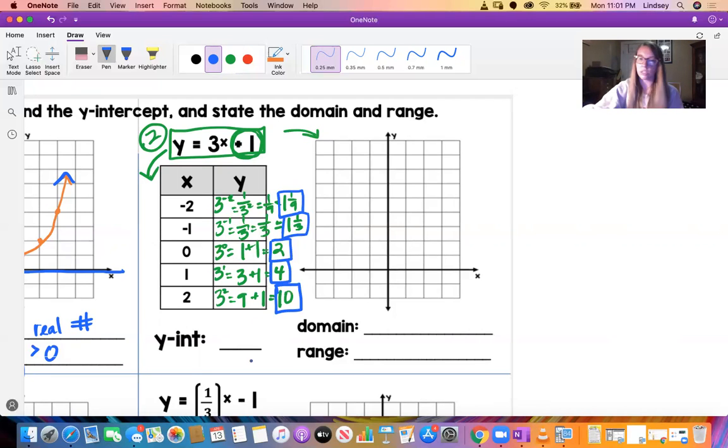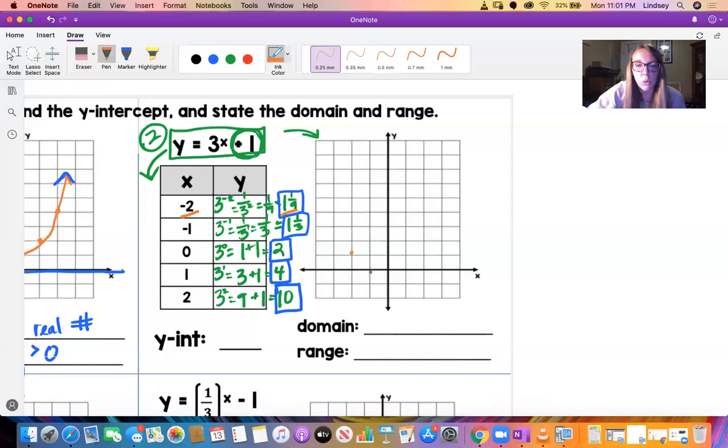All right, so let's graph this. I'm going to use orange just to keep it the same. When x equals -2, then y equals 1 and 1/9. So I'm going to go to -2, we go up to 1, and then 1/9 is just going to be right above it.